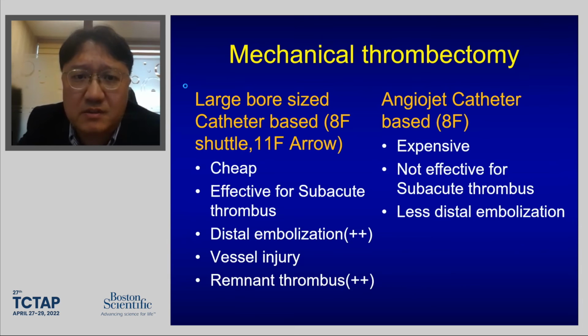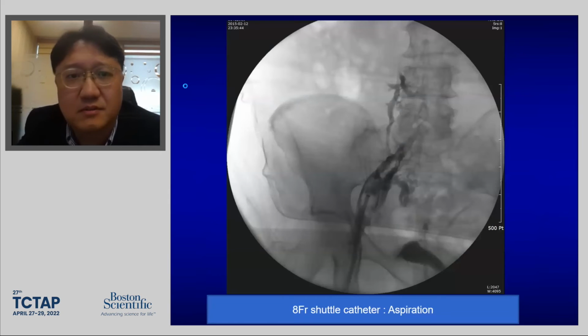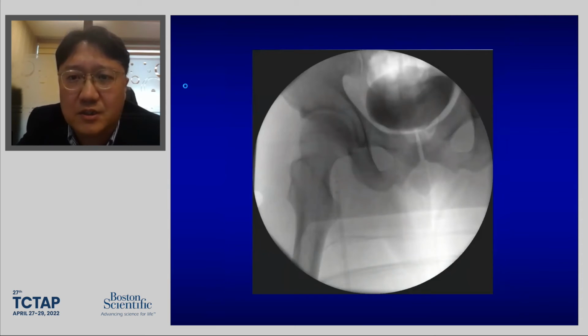But AngioJet catheter is expensive and not effective for subacute thrombus, but is effective in acute thrombus with less distal embolization.